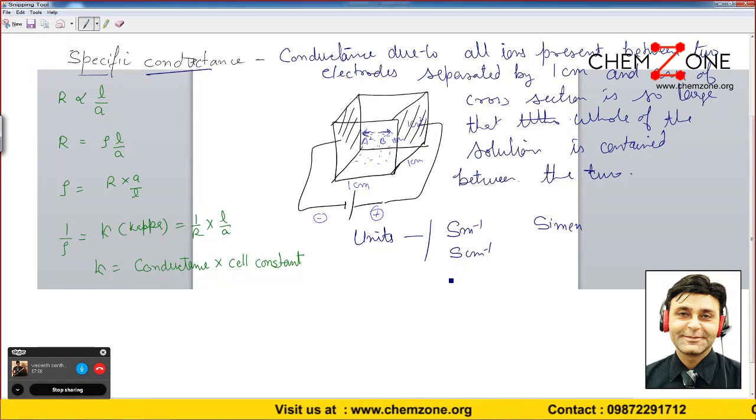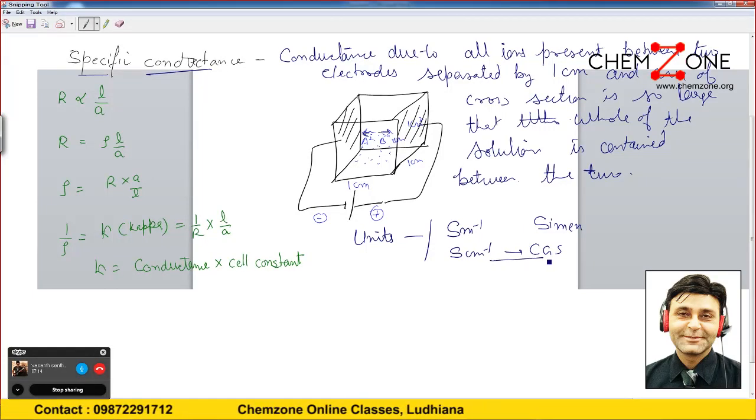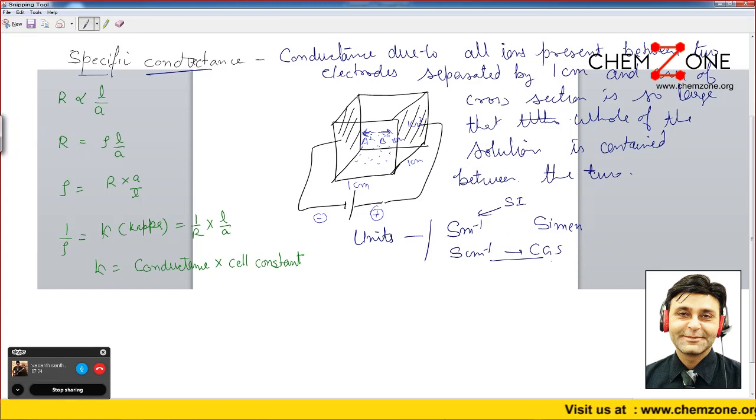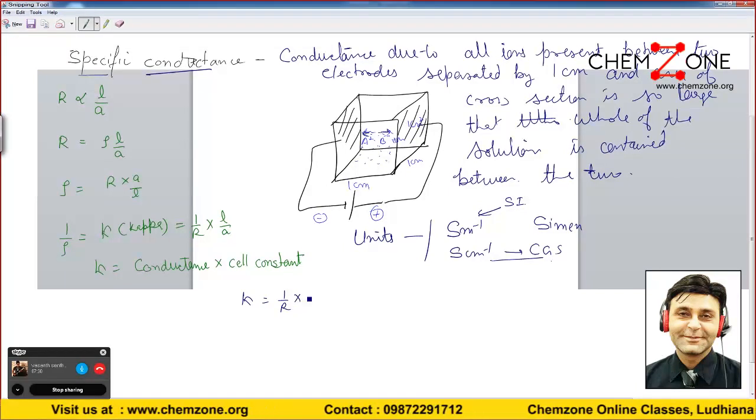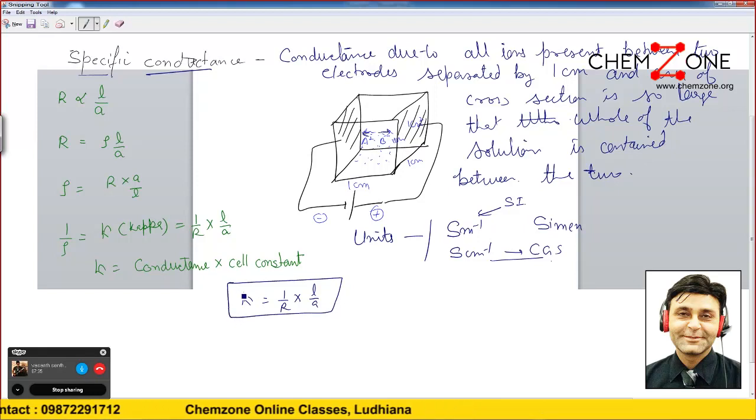In CGS units it is Siemen centimeter inverse, and this is the SI unit. So we now have the formula kappa is equal to 1 upon R into L upon A. Based upon this, we will be solving some numericals.